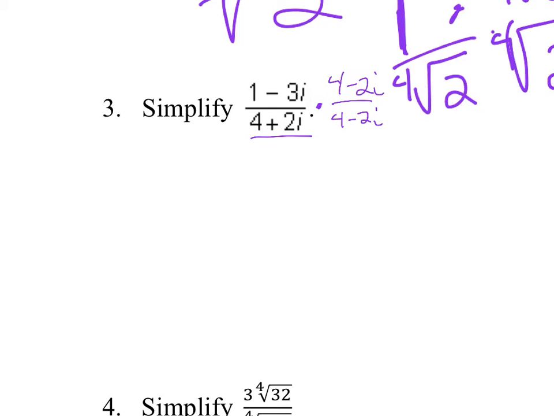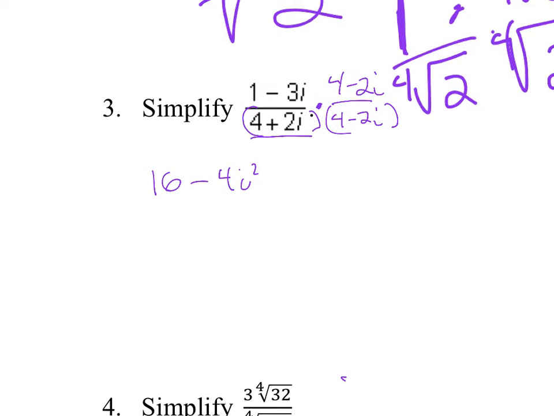The reason for that is that when I multiply these two binomials, I will get a difference of squares, which means 4 squared minus 2i squared, which is 4i squared.